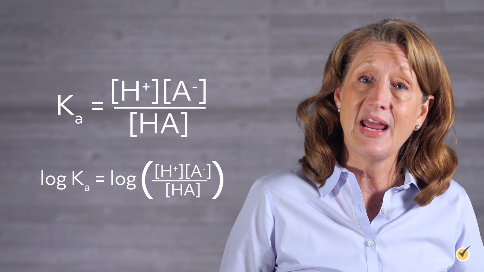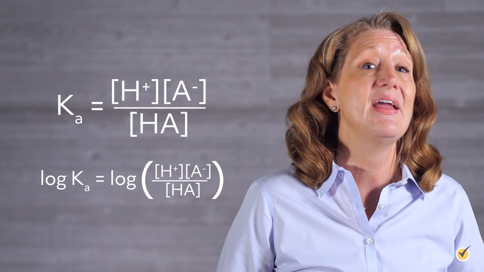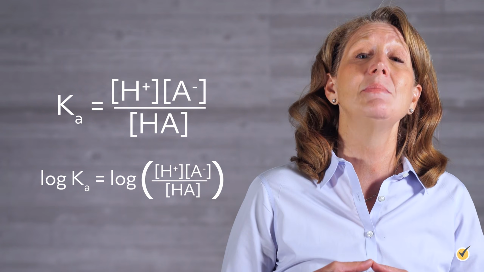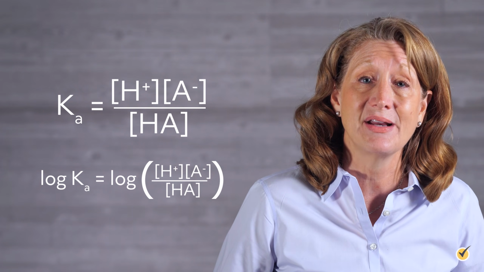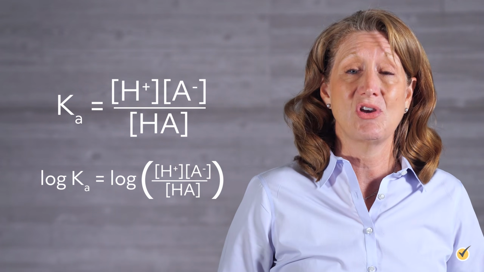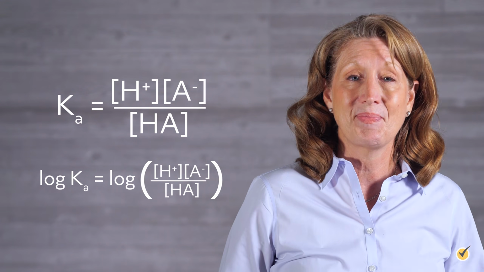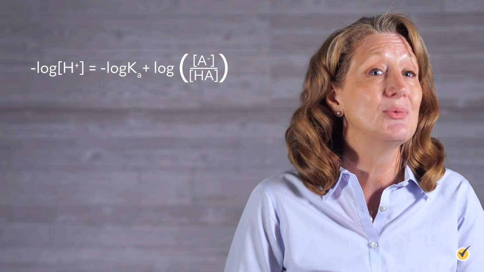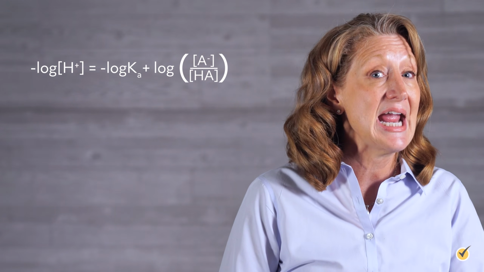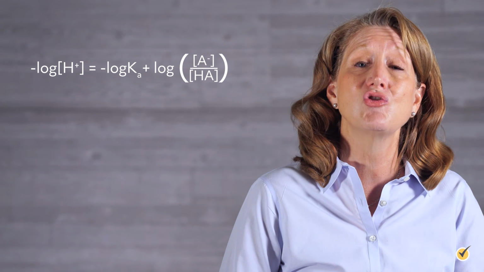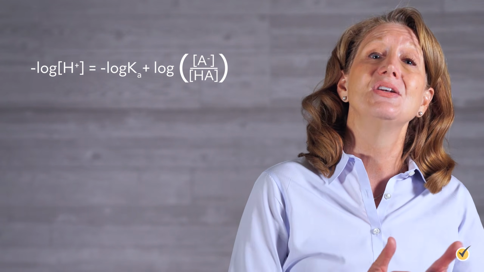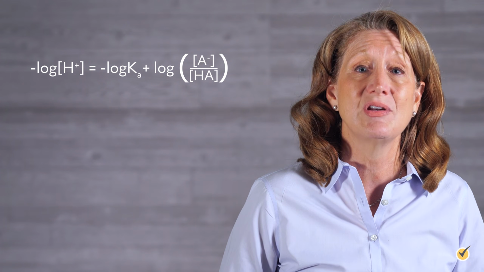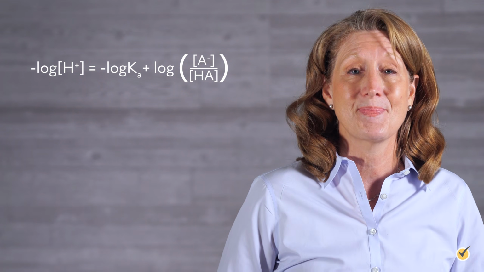The log of Ka is equal to the log of H plus times the concentration of the A minus divided by the concentration of HA. With some rearrangement and use of logarithm rules, this becomes the negative log of H plus is equal to the negative log of Ka plus the log of the concentration of A minus divided by the concentration of the HA.